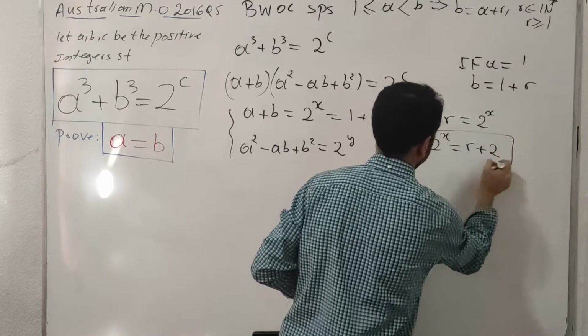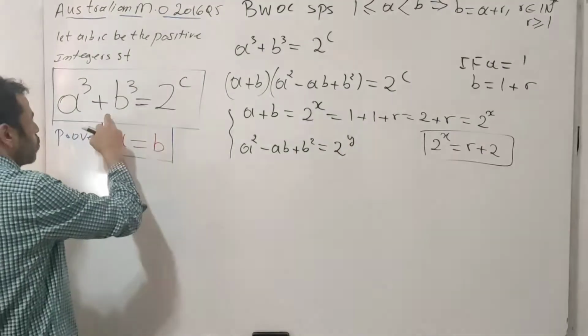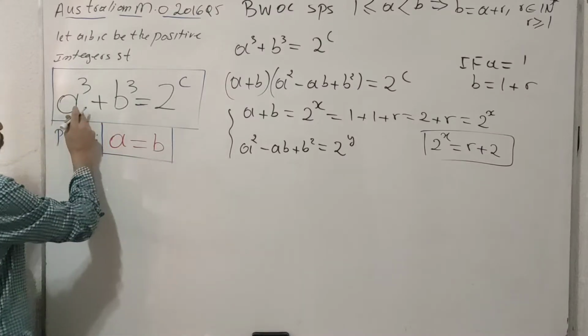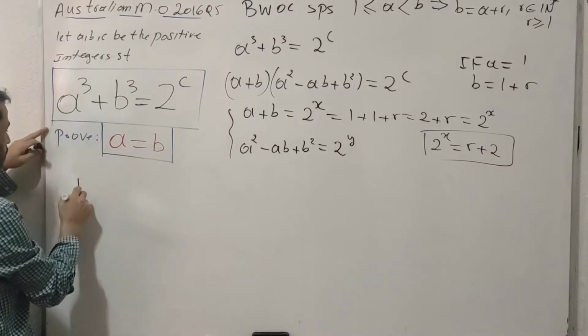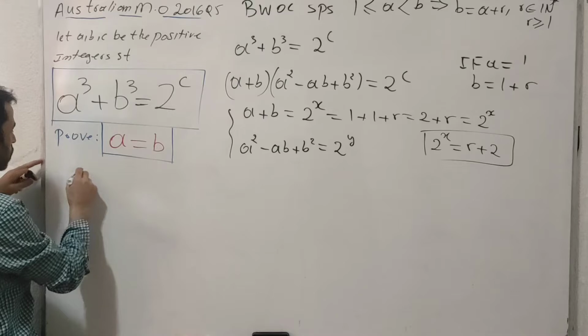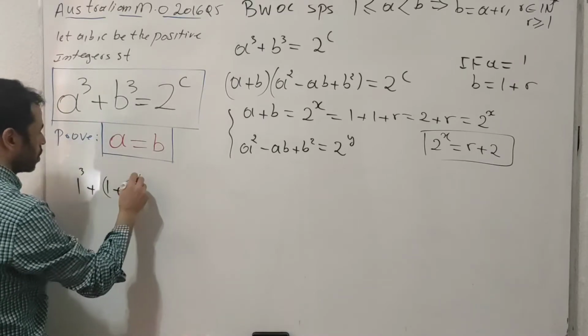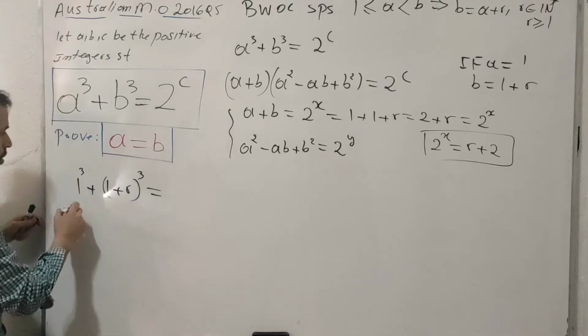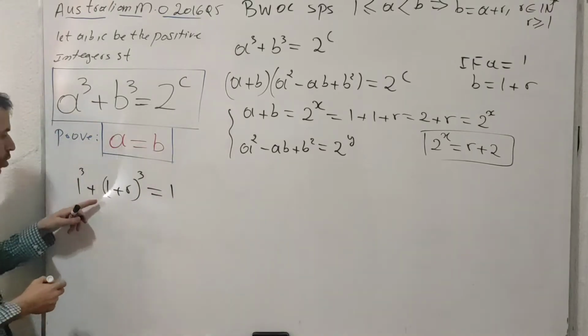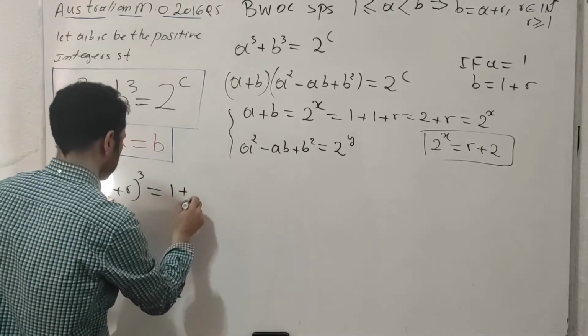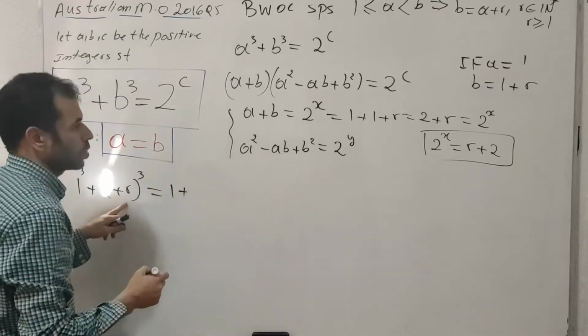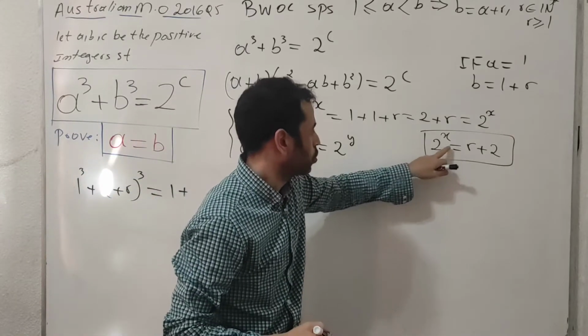Now I'm going to work on the original equation. I have a cubed replaced with 1, and b replaced with 1 plus r, cubed. Simplifying, 1 plus r plus 1 is replaced with 2 to the x.